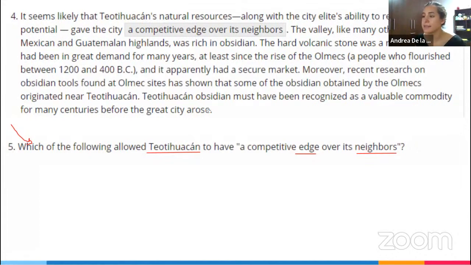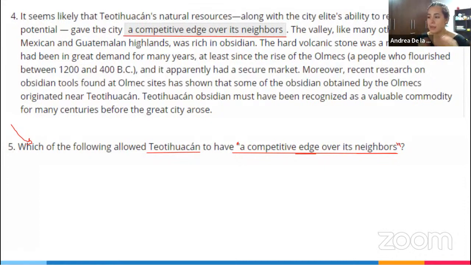Now, in this case, it's pretty easy because we have a quote, right? It says a competitive edge over its neighbors in quotation marks, which means that this is exactly like that found in the text. So it's going to be pretty easy to search, right? You find it, you have it here. But there are going to be other cases where you won't have direct quotes. So you need to search for the keywords in the text, or you need to search for their synonyms because you won't always have the exact same words.